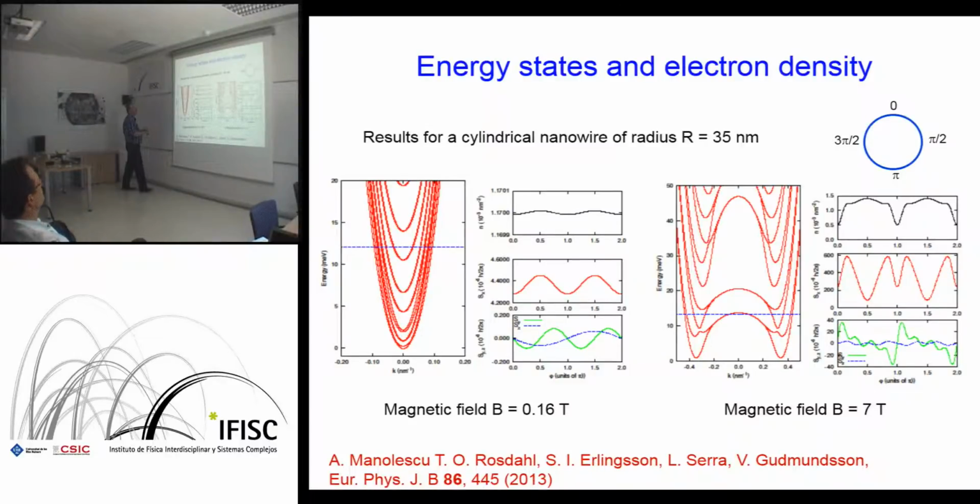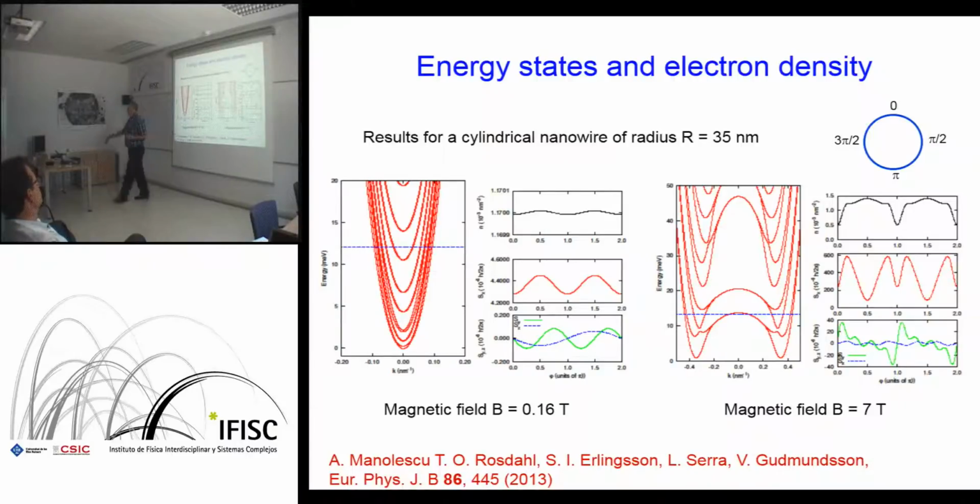So if we look at the energy spectrum now on an infinite wire, without magnetic field, we would expect some sort of parabolas, with a momentum corresponding to the free motion along the length. Something like this. Now if the magnetic field is strong, then we can think about two cases.